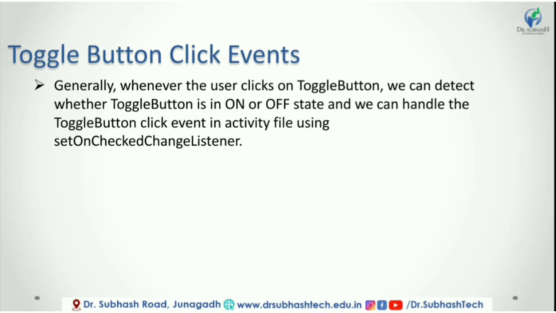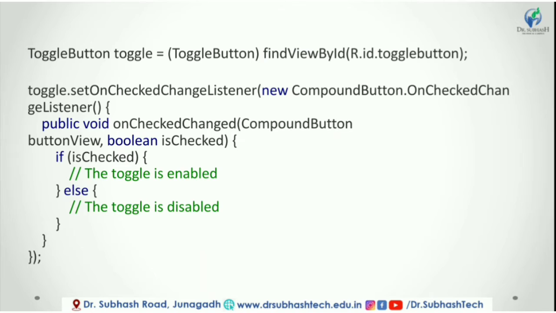Toggle button click event. Generally, whenever the user clicks on toggle button, we can detect whether toggle button is in on or off state, and we can handle toggle button click event in activity file using setOnCheckedChangeListener like as shown below. First of all, we have to bind the XML toggle button to a Java object of ToggleButton class.